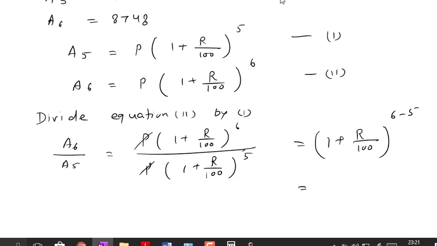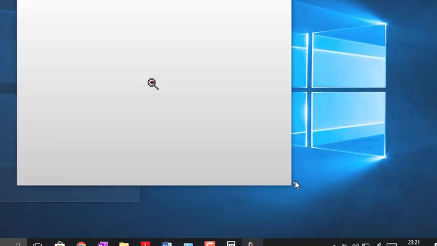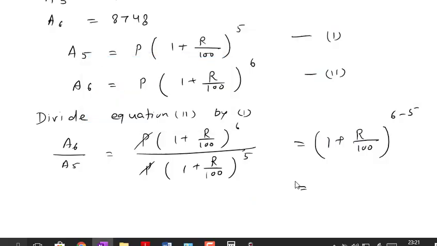You know the identity that A power m upon A power n we write as A power m minus n, provided m is greater than n. So that exponent rule we have used here. After using that rule, we have this value as 1 plus R upon 100, and on the left hand side we have A6 upon A5.